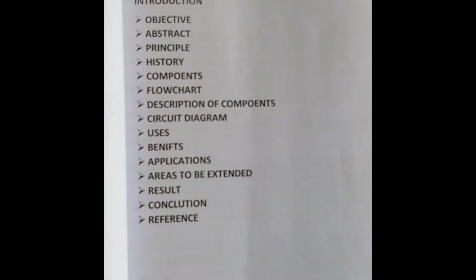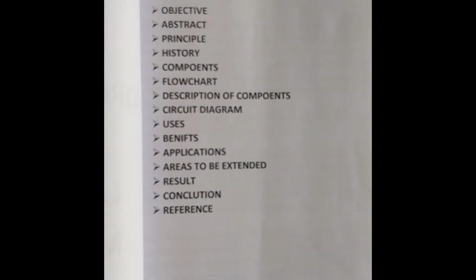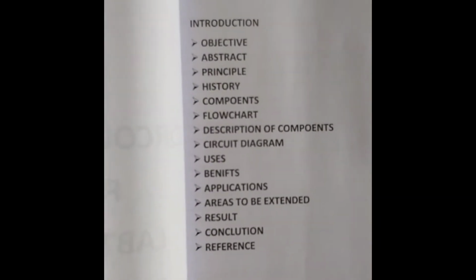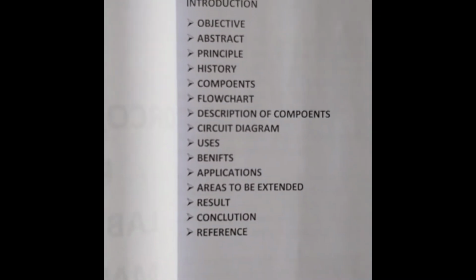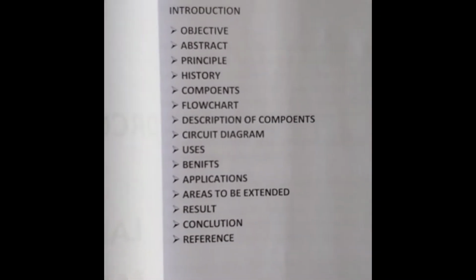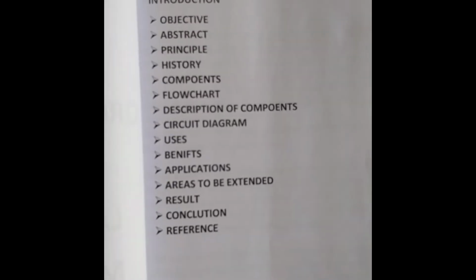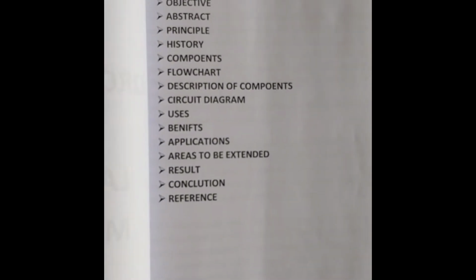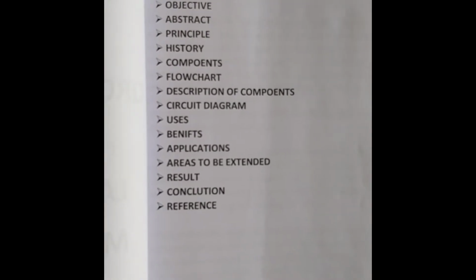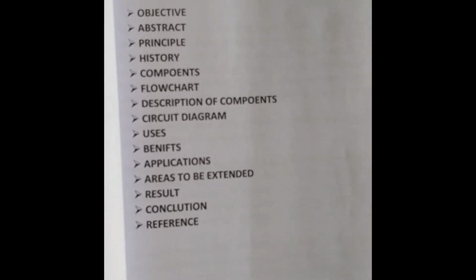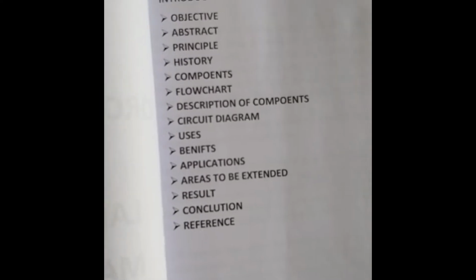Here we can see the index of my project. There are objective, abstract, principle, history, the components used in the preparation of a QR barcode, benefits, applications, areas to be extended, result, conclusion and reference.